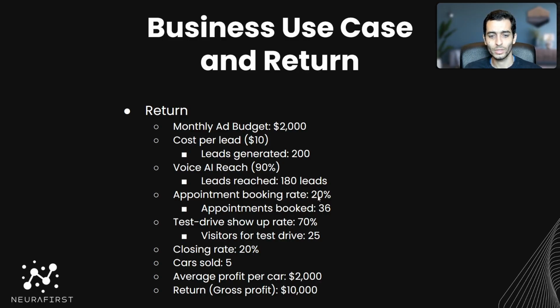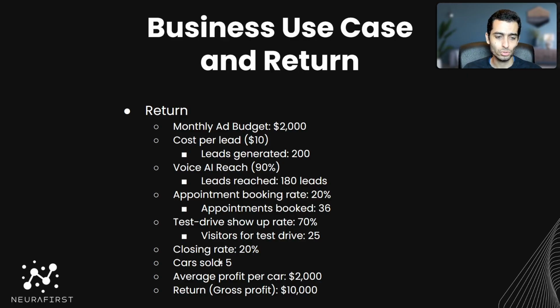From there, we assume a 20% appointment booking rate for the test drive, which means that we would book 36 people. Then we just assume a show-up rate of 70%, which means that here 25 people would come into this dealership to test the car.